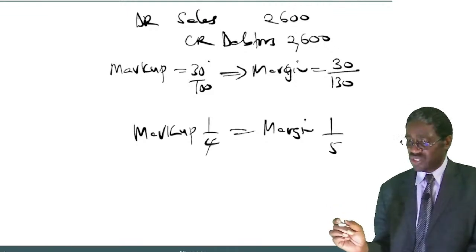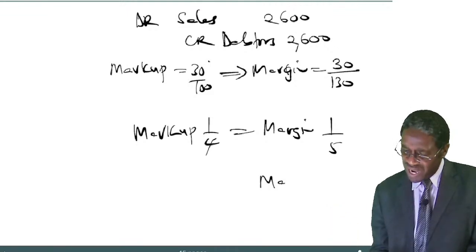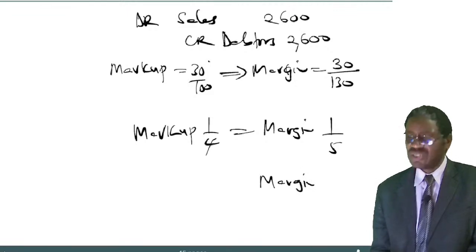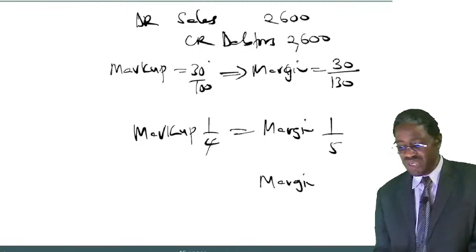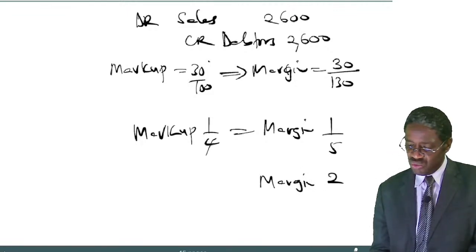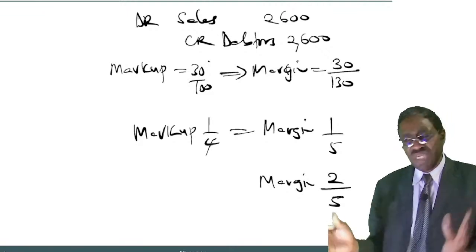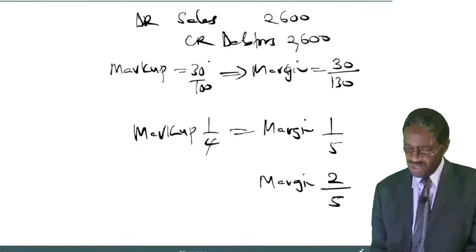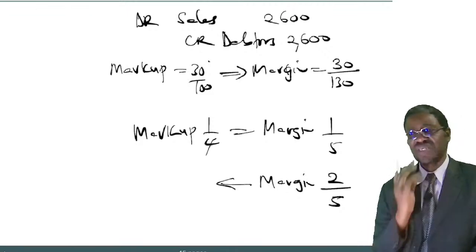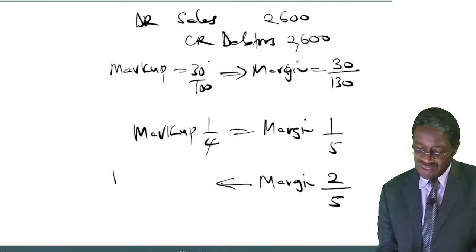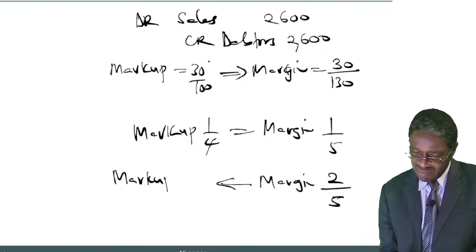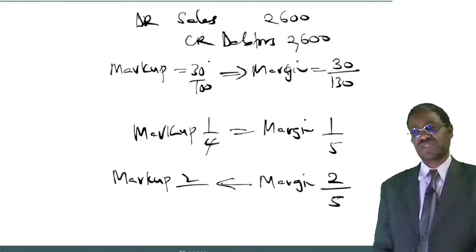That is your margin. What if you are given a margin of 2/5 and you don't need the margin? You need the markup. We have said, take the numerator, maintain it as it is.